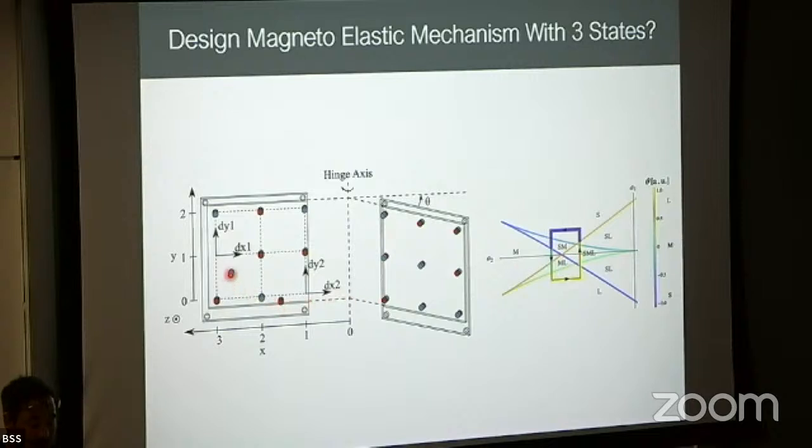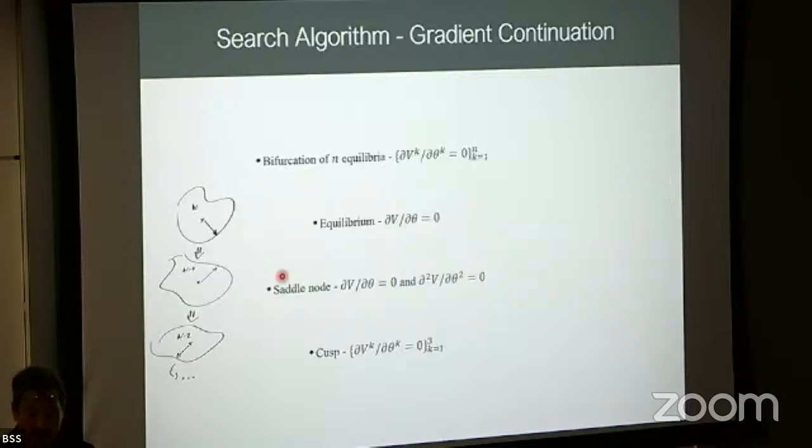So instead of this magnet being tethered to this location, we now introduce 2 more parameters, the displacement in x, the displacement in y, same thing for this one, in order to allow for more phase space that we can investigate, okay? And then this is where another problem comes in, which is, of course, the more phase space you have, the more difficult it is to find points in that phase space.